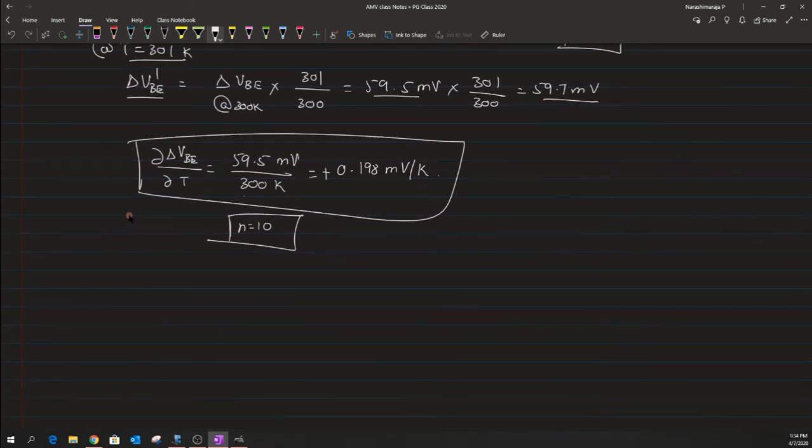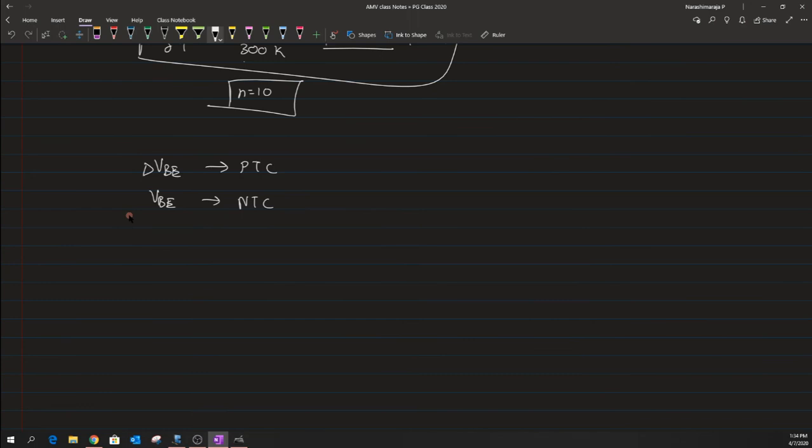Now that we have both these quantities, and we found that this temperature coefficient ends up having a positive result, we have this delta VBE giving us a positive temperature coefficient, and we have this VBE which exhibits a negative temperature coefficient. The only thing we are yet to do is the addition of these two quantities in order to create what is known as a temperature independent reference circuit.